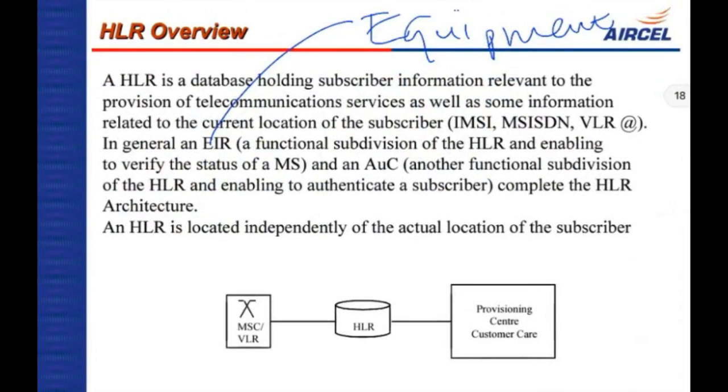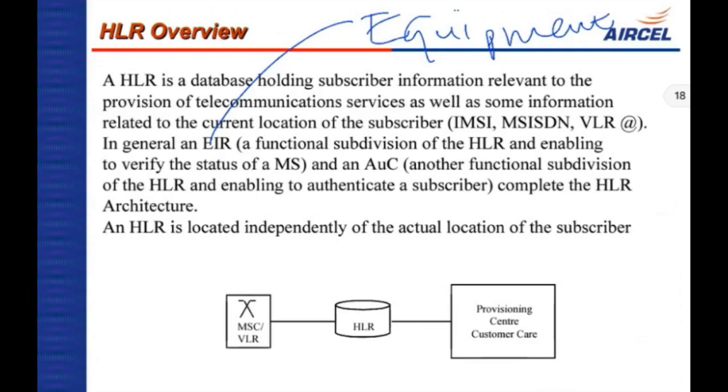It is a database holding subscriber information that is relevant to the provision of telecommunication services, as well as some information related to the current location of the subscriber. The equipment identity register, EIR, is a functional subdivision of the home location register that enables the verification of the mobile station status.